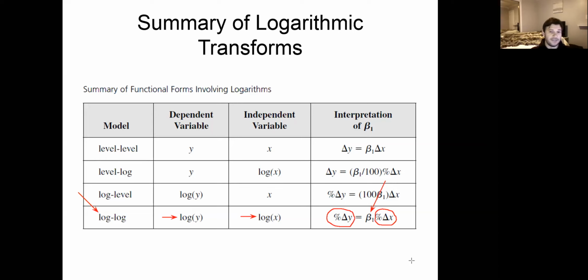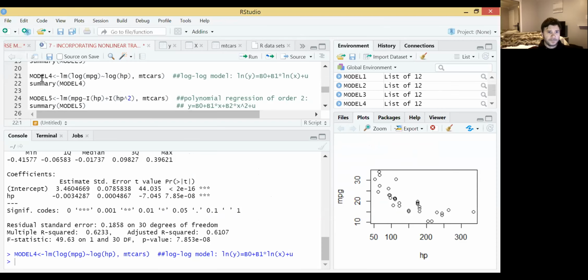It's an elasticity metric here, which is unit-free because both y and x are measured in percent changes. So beta 1, again, in this framework, is the percentage change in y that results from a percentage change in x.